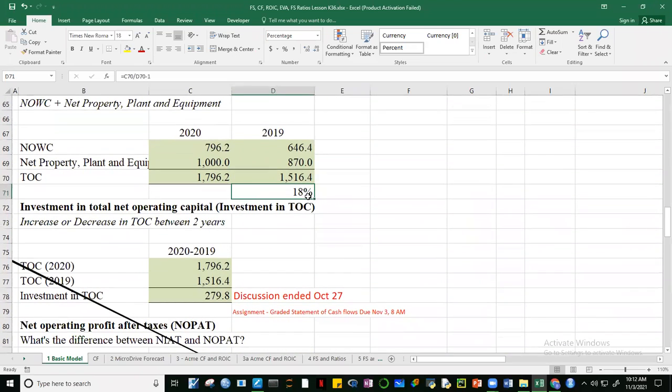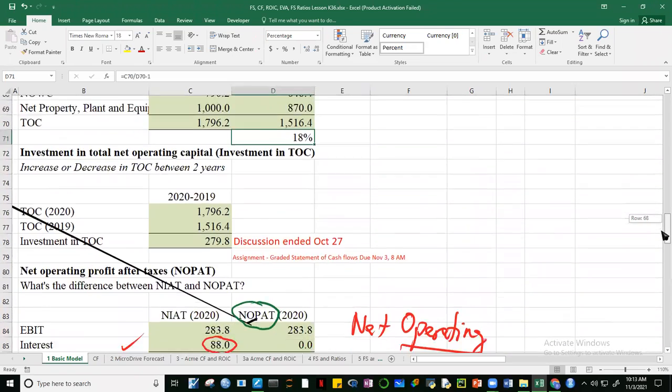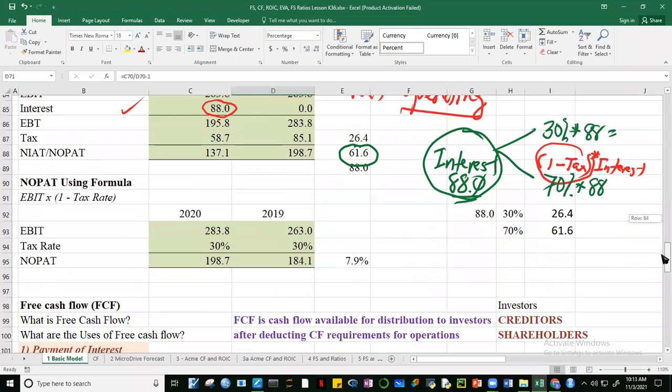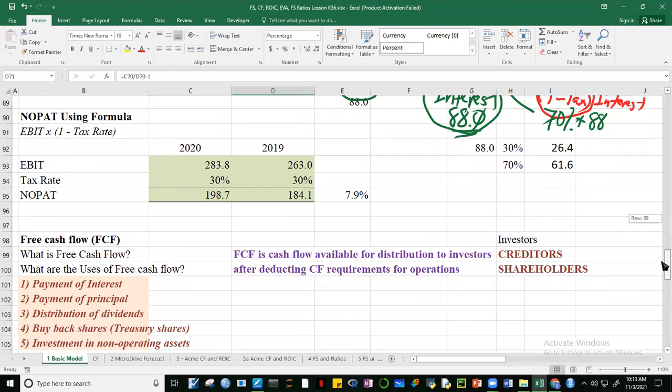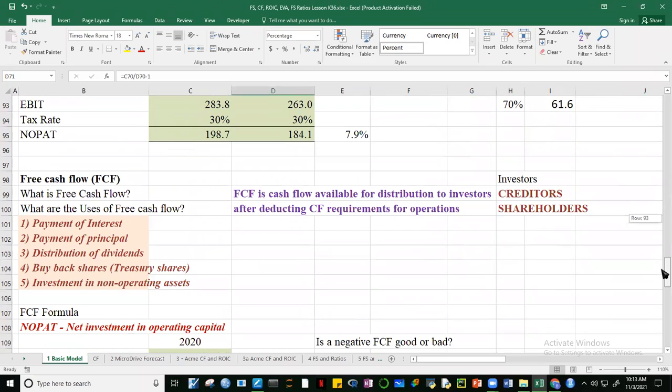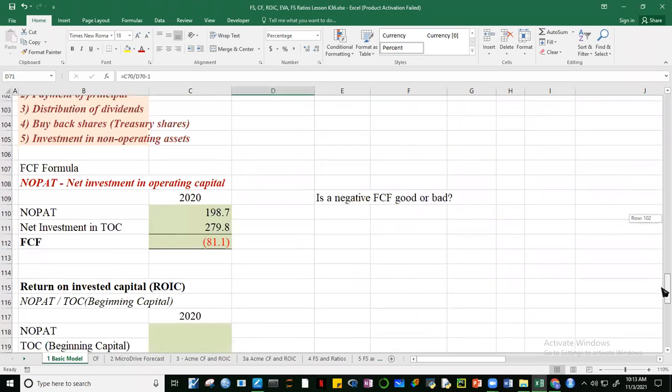This is a signal, as I mentioned a while ago, that the company is foreseeing maybe an increase in market share in the future or potential for growth in the future. That's why we can see that they were investing in their assets.